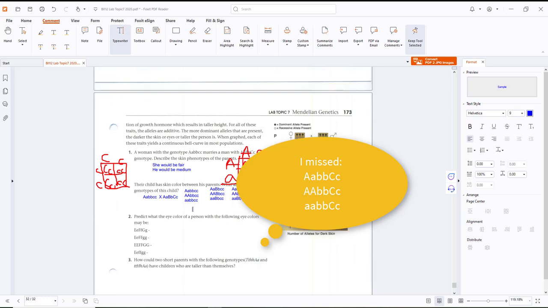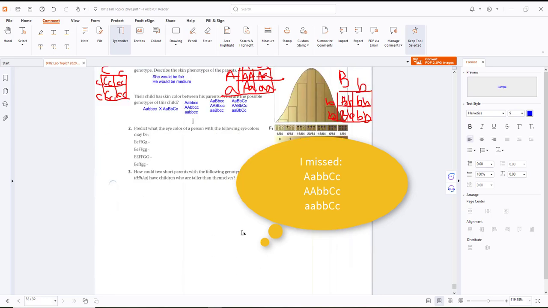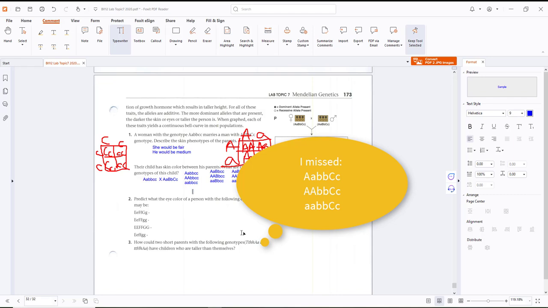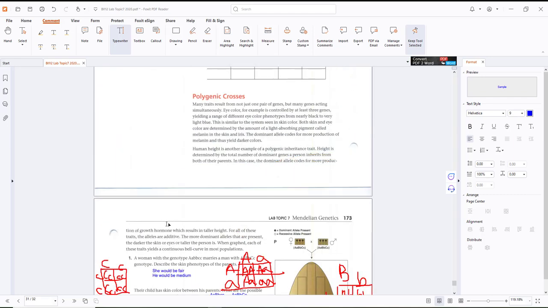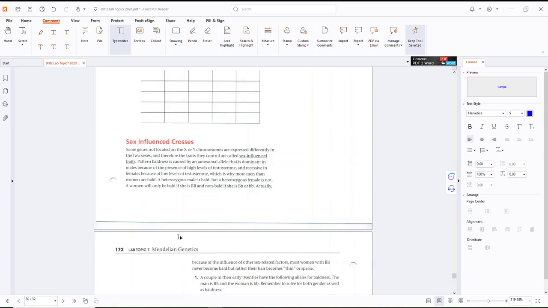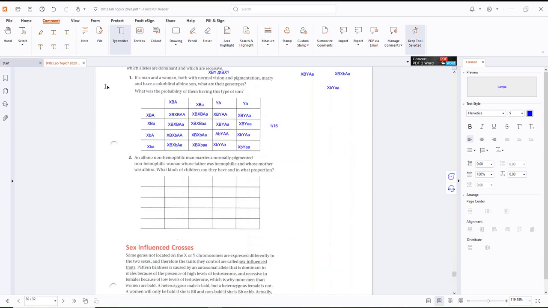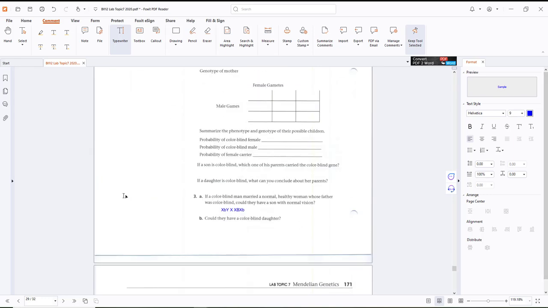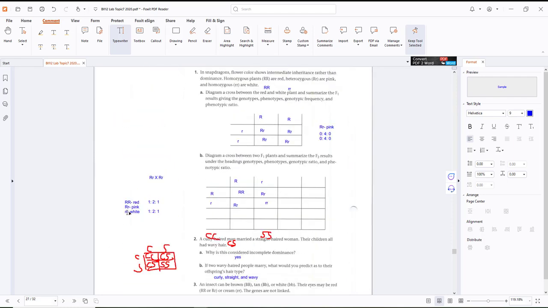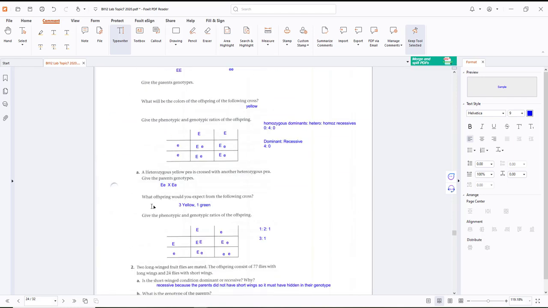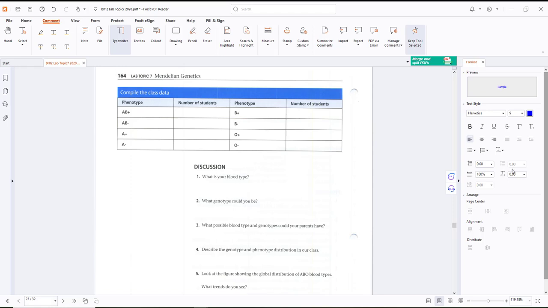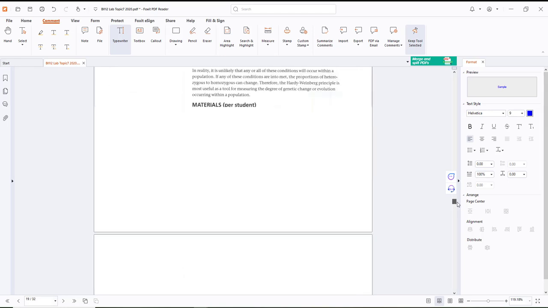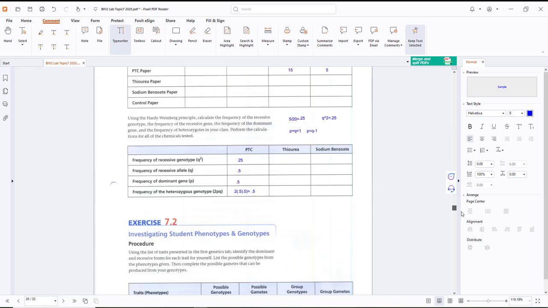All right, so that is it for the Mendelian genetics. So basically the questions that we did not answer together, you have to answer on your own for credit. In addition to those questions, you'll be answering the questions on page 164. Let's go all the way back up. Oops, 164.